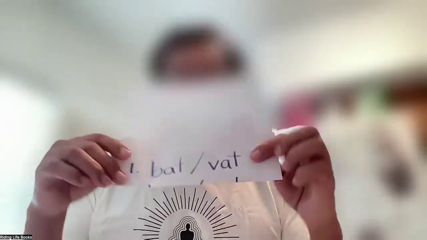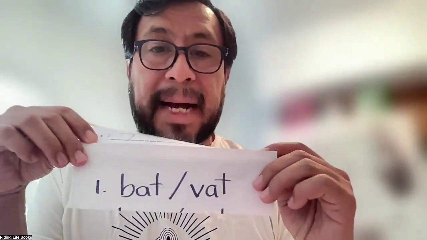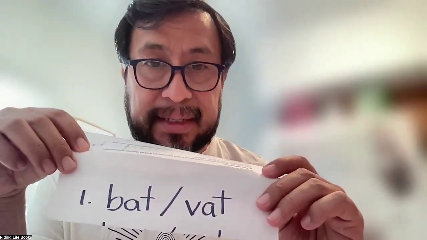Because when we use a word such as this one, just a minute, when we have this word, one thing is bad, and one thing different is that. So we need to be careful because the way we pronounce each word will change the meaning.